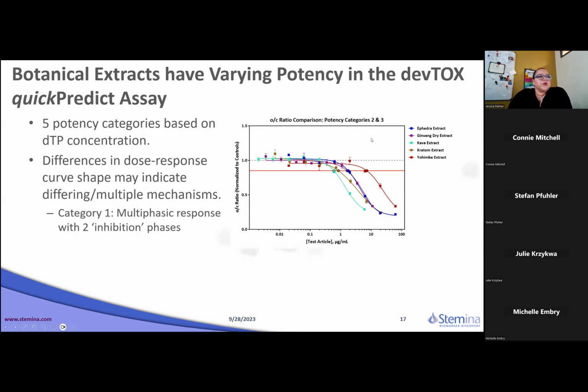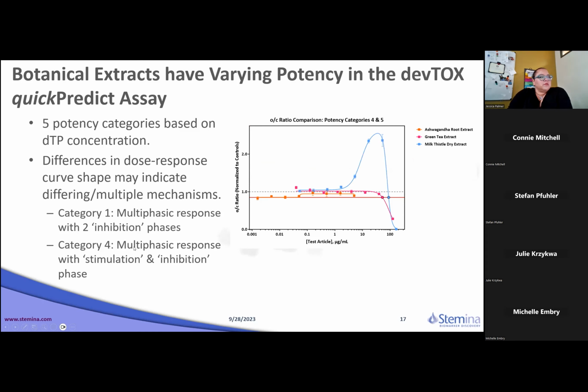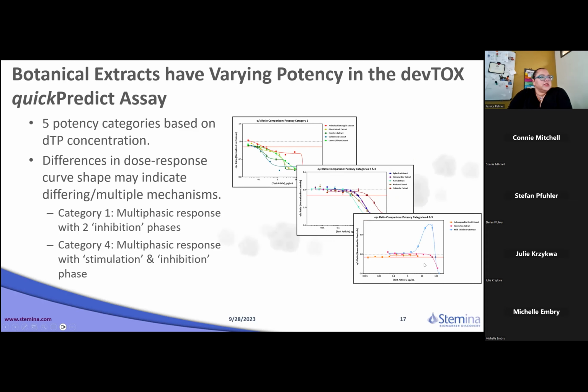In the second category and the third category, you see these nice 4-parameter dose response curves that are much more typical of what you observe in our assay, as well as many others. And you can see they're causing effects at very similar concentrations. And then the last 2 groups are causing an effect in the assay as well as in cell viability and metabolism.